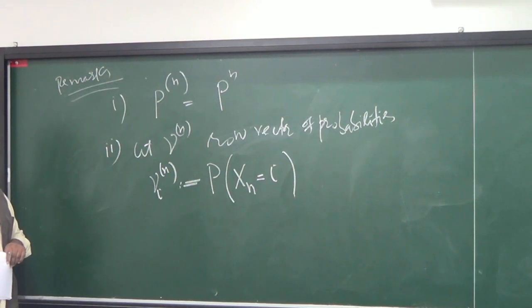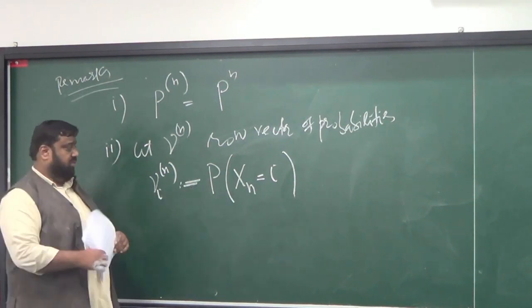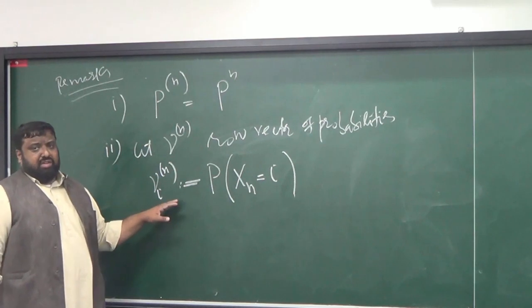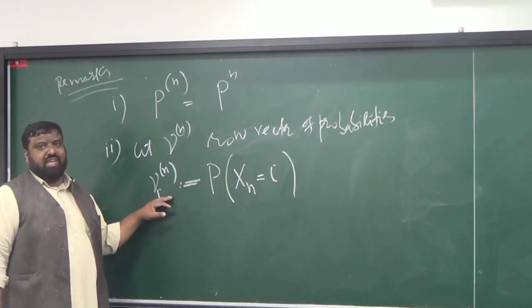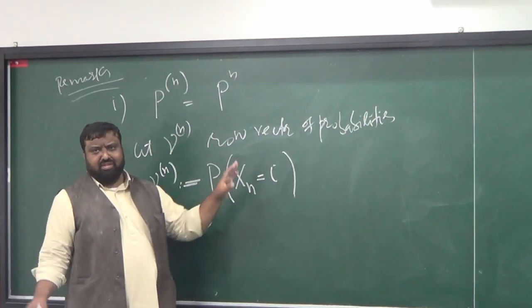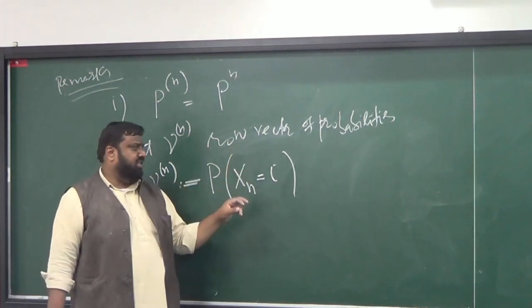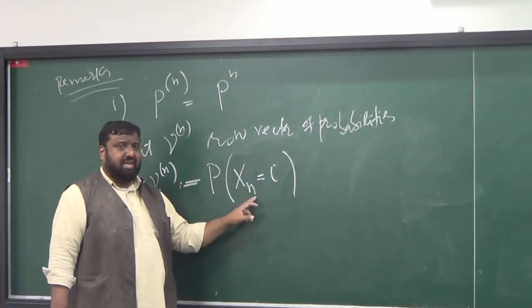What do you mean by that? Roughly, this is the distribution vector, the probability mass vector of the random variable X_n.